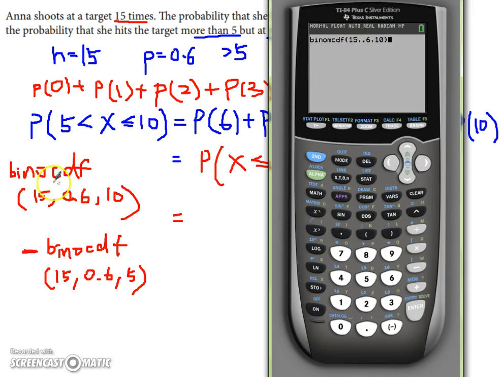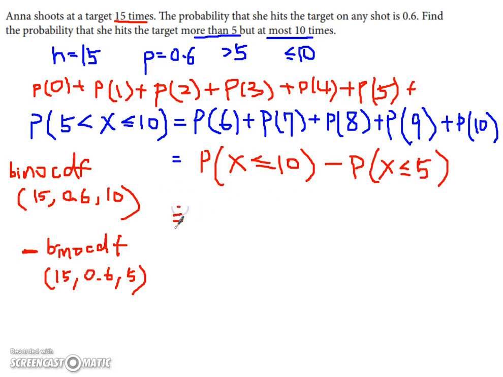Now this is only the top, the first part. Minus binocdf, again 15, 0.6, and that will be 5. Click enter and you'll get the final answer, 0.74. Let's round that to 3 significant figures: 0.749. And that's your answer.